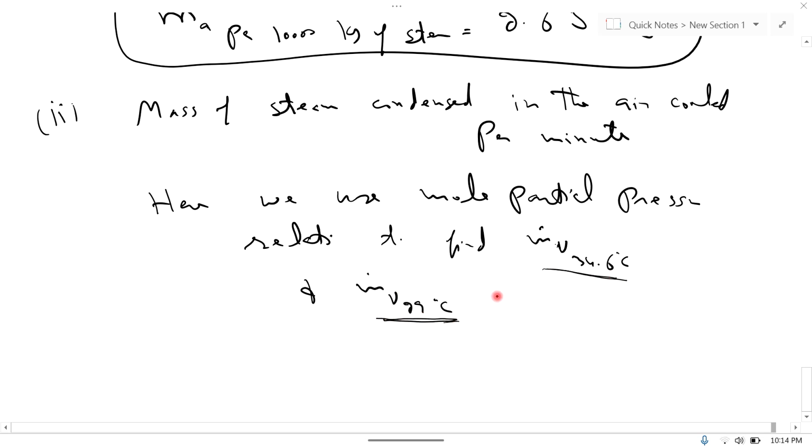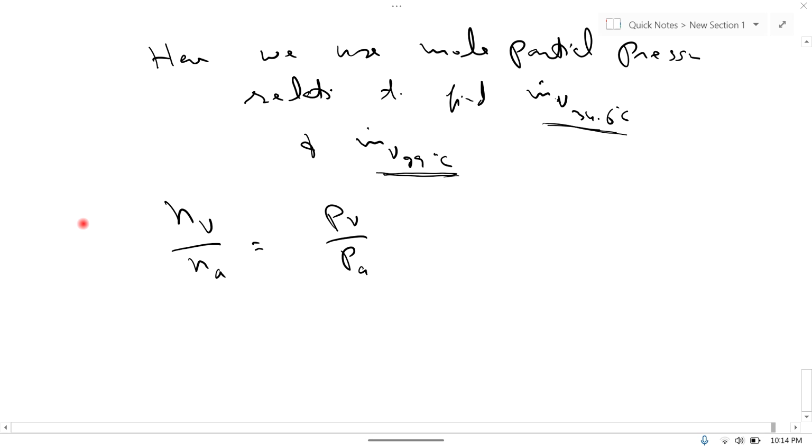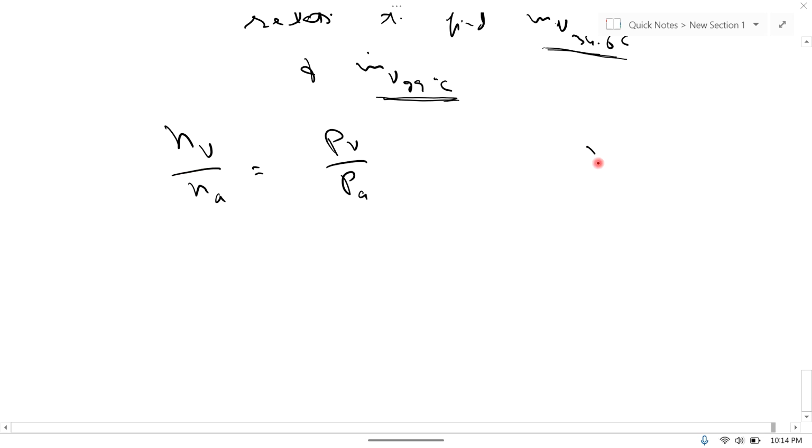So first we find these two values with the help of the mole fraction and partial pressure relation. This relation is NV divided by NA is equal to PV divided by PA. NV is mole fraction of vapor, PV is partial pressure of vapor, NA is mole fraction of air, and PA is partial pressure of air. We know that N is equal to mass divided by molar mass.